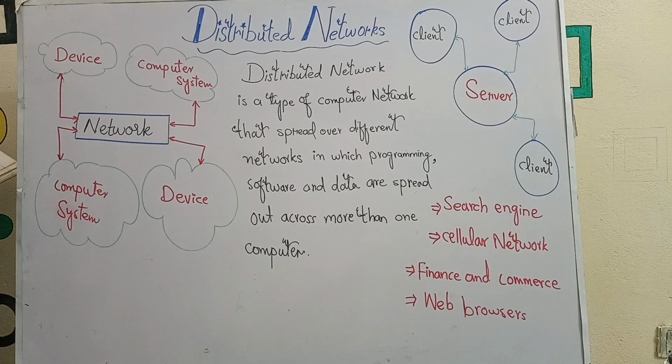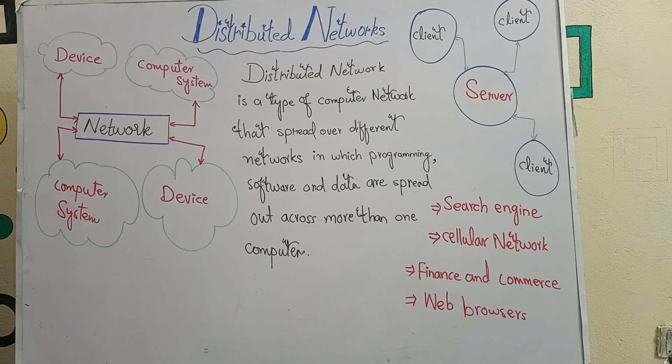Here are some examples so that you can understand the meaning of distributed networks. Search engines: with a search engine like Google or Yahoo, you can search anything and you find a number of links opening up. A single request is sent to the server, that is, the client requests the server to search something for you, and the result comes back. But not a single user is accessing the search engine at a time.